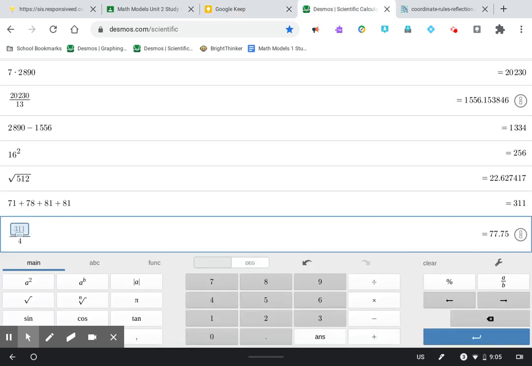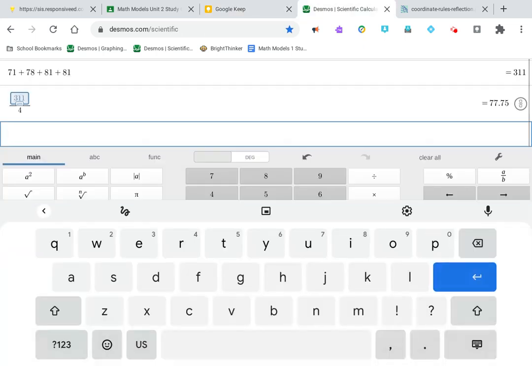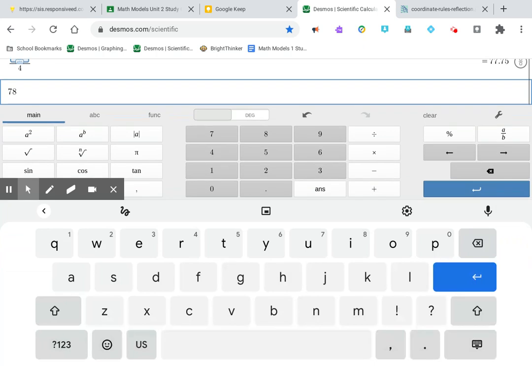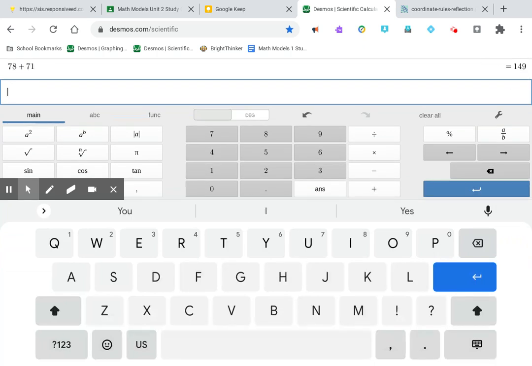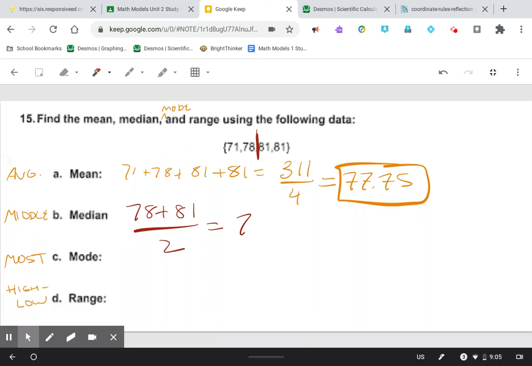So we're going to do 78 plus 71, and then we're going to do 149, which is what we got, divided by 2, and we get 74.5. So 74.5 is the answer for the median right there.